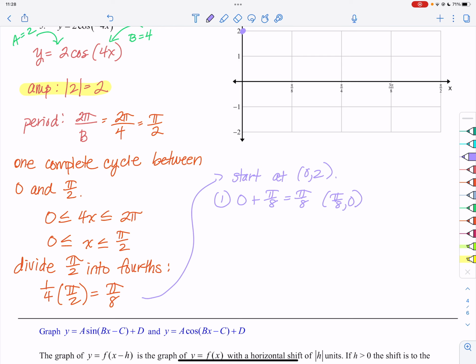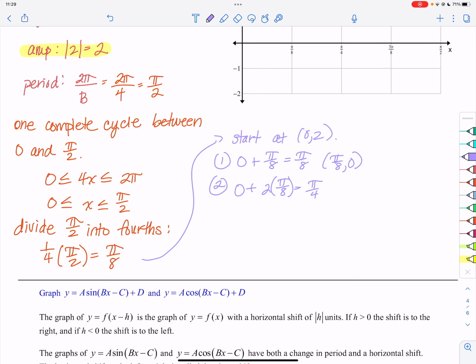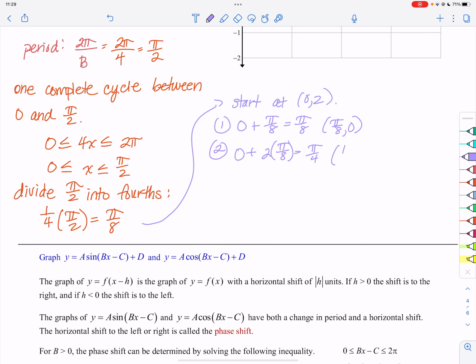And then in the second case, we'll have 0 plus 2 times pi over 8, and that will give us 0 plus pi over 4, or pi over 4. And then that gives us pi over 4, negative 2.